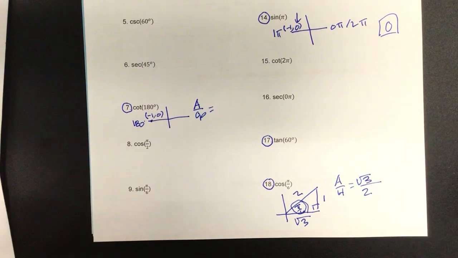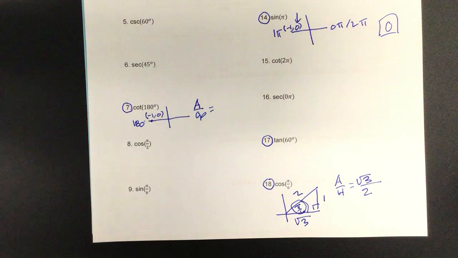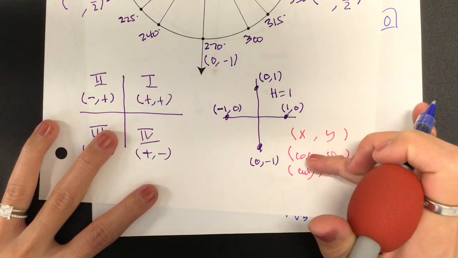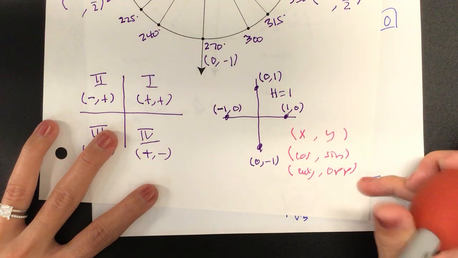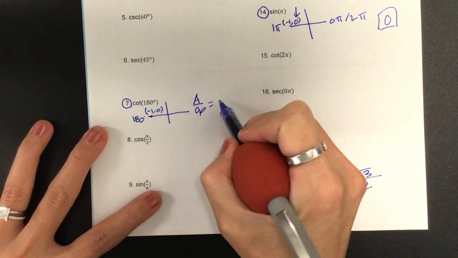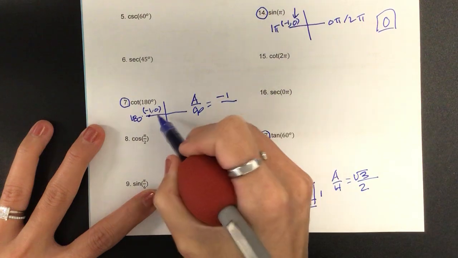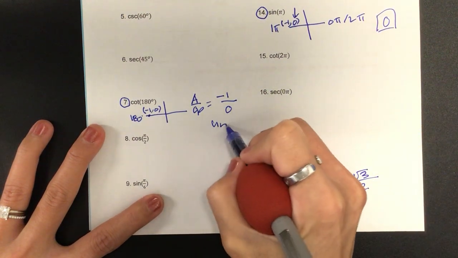We did mention on the first page that x is cosine, x is also adjacent, y is sine, y is also opposite. So my adjacent is my cosine. What value is on my cosine? Negative 1 over, the opposite is 0. Can I divide by 0? That's going to be undefined.